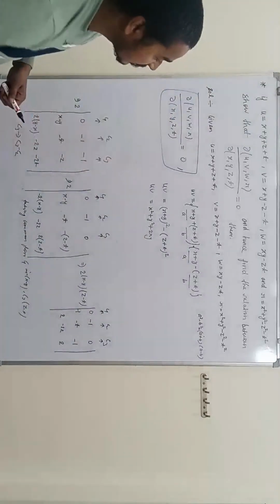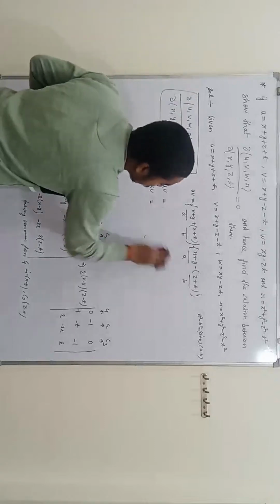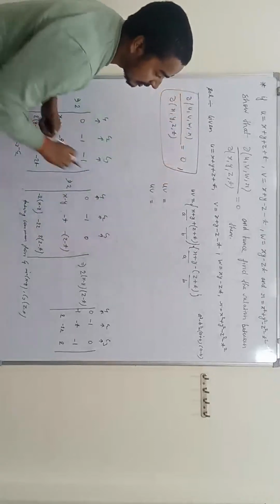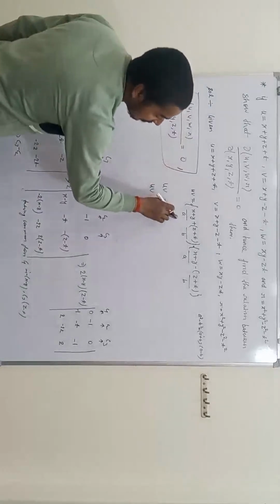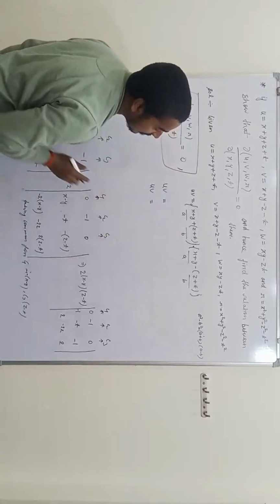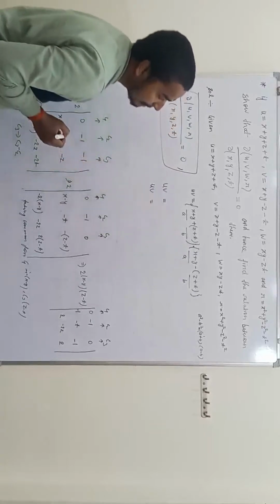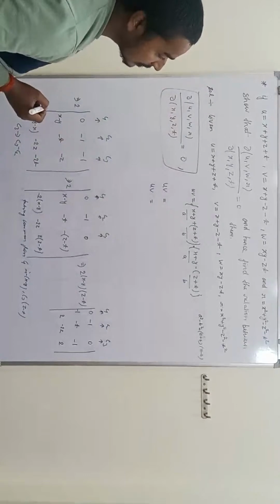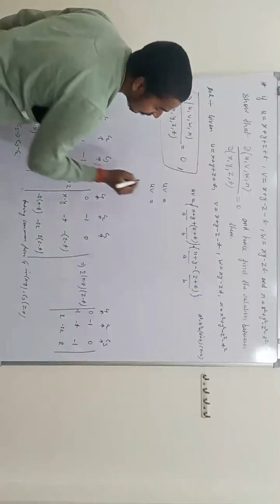One second, some mistake has happened. We have to write a minus b whole square, a plus b and a minus b.